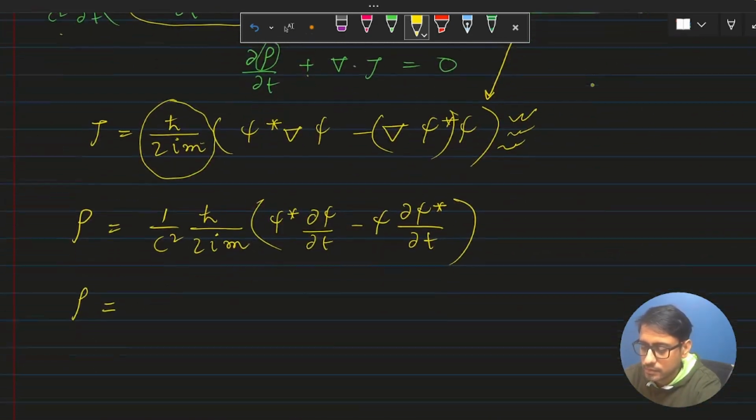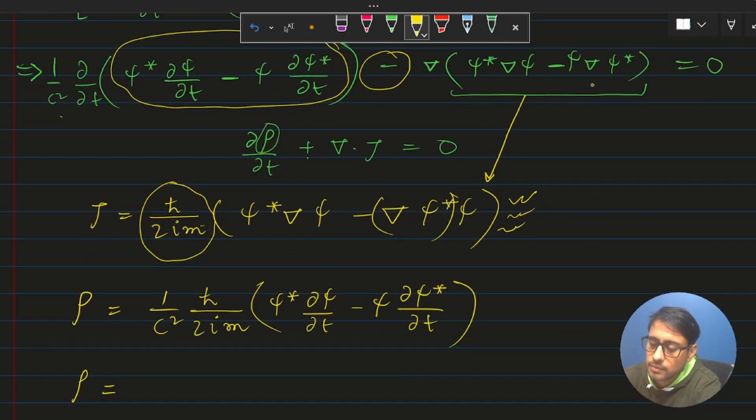That is what we have written here. Now if this is j, then rho will be this, and because of the negative sign, j can be written as a negative of this. So finally we will be writing j as, let me remove these things.